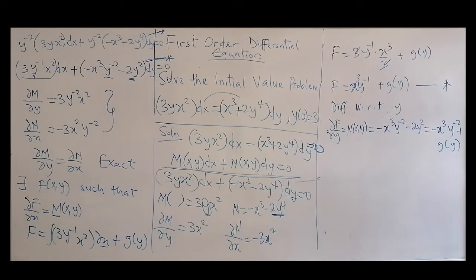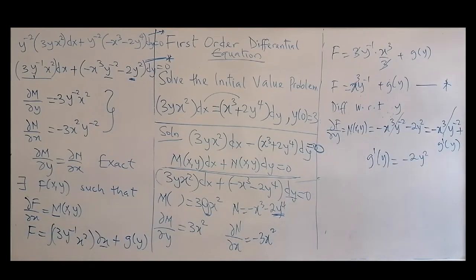With that, you can see that if this one moves to the other side it becomes plus, so this one and this one will cancel, and g prime equal to minus 2y squared.